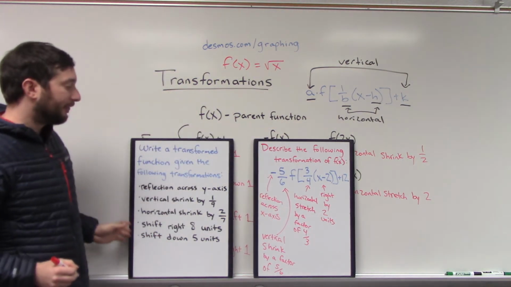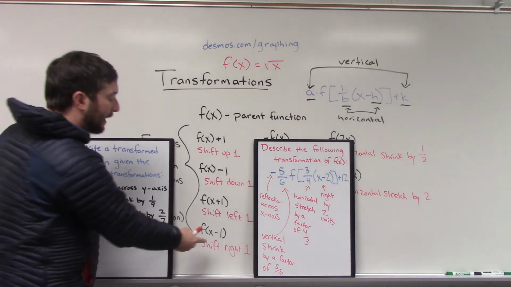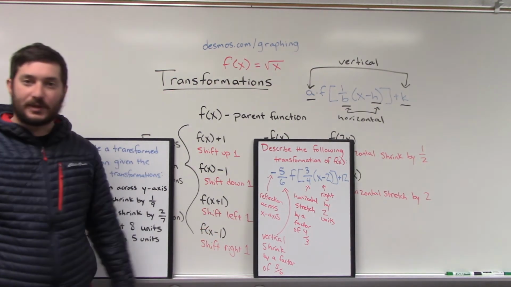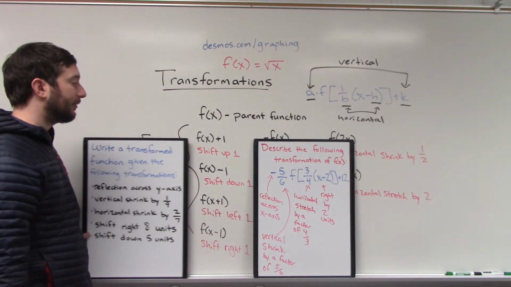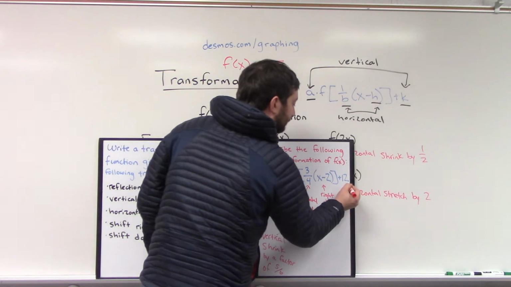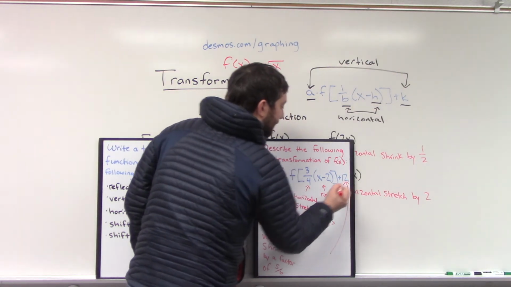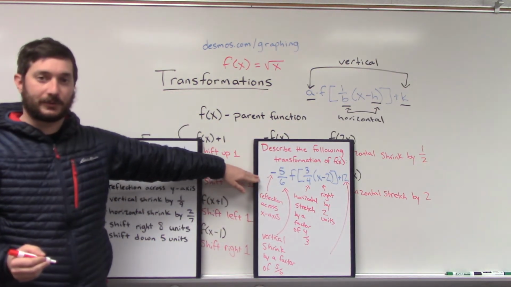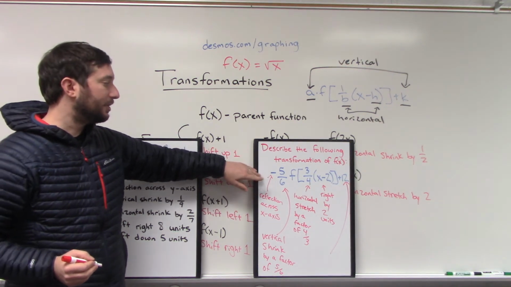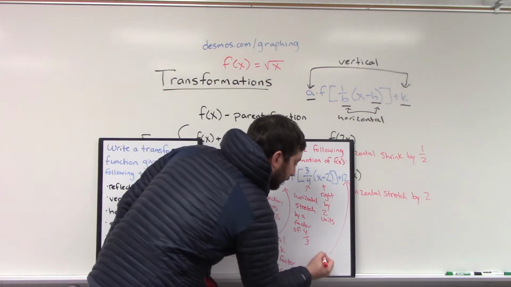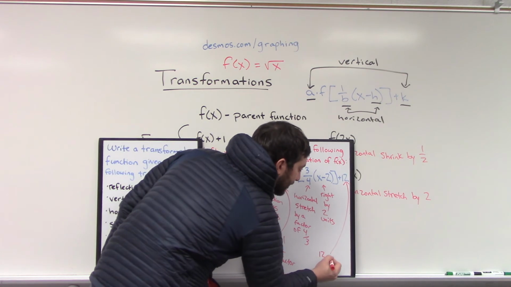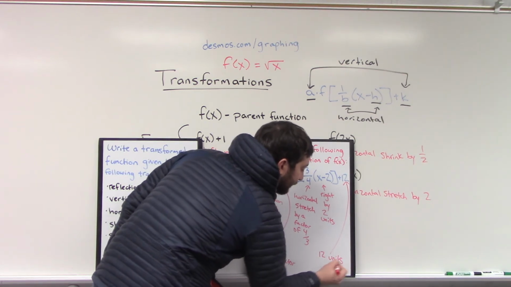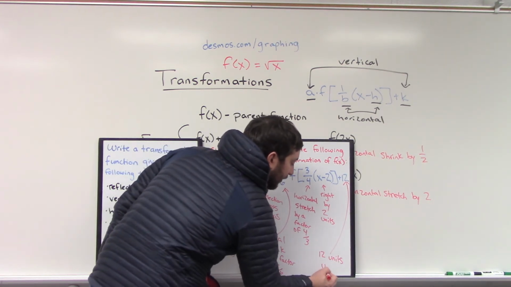Just like before, when you subtract next to x, you're shifting to the right. And then lastly, our final transformation is happening for this transformed function. Last thing here, we're moving 12 units up. We're up by 12 units, shifting that direction.